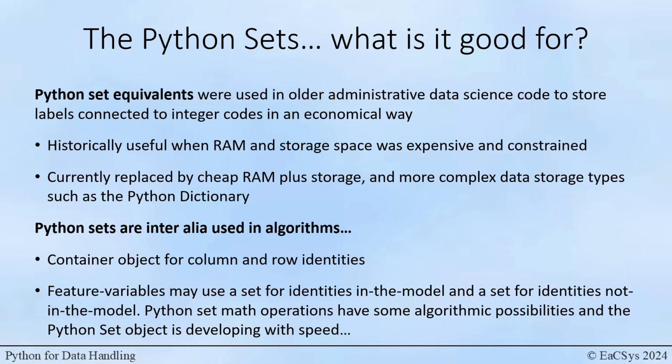And this made similar constructions to Python sets very useful in the early era of computing, when RAM memory and storage space was expensive and very constrained, whereas current application storage space often, but not always, grows faster than the need for storage space, for example in cloud computing.